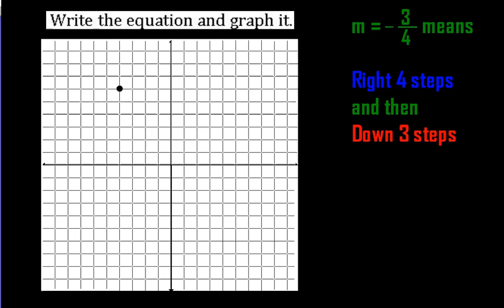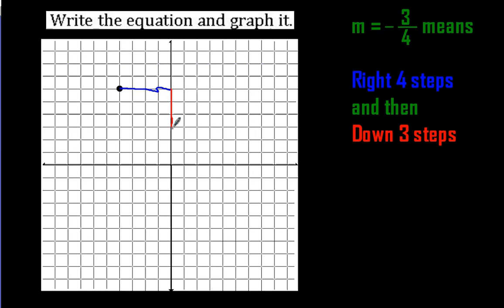So let's try it and see if this works. Again, our slope is -3/4, which means it's going to be right 4 steps. So let's go 1, 2, 3, 4. So right 4 steps, and then from there, let's go down 3. So let's go 1, 2, 3.